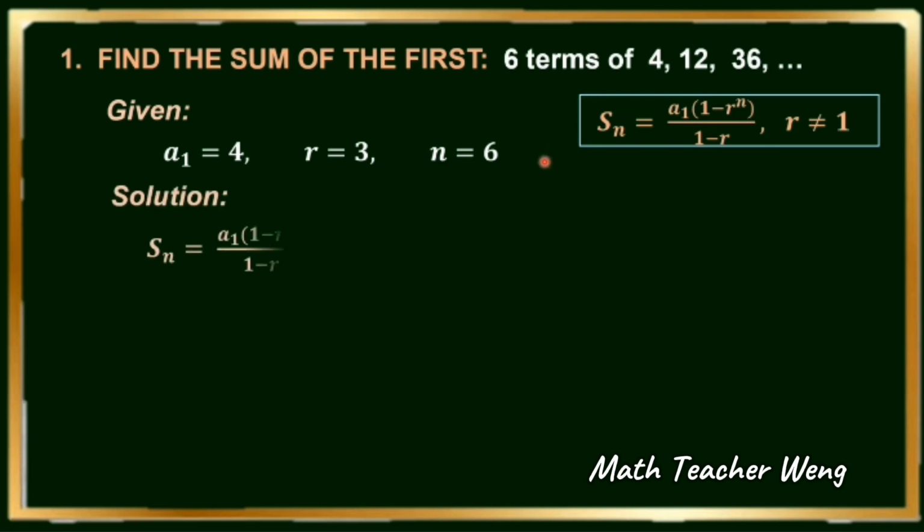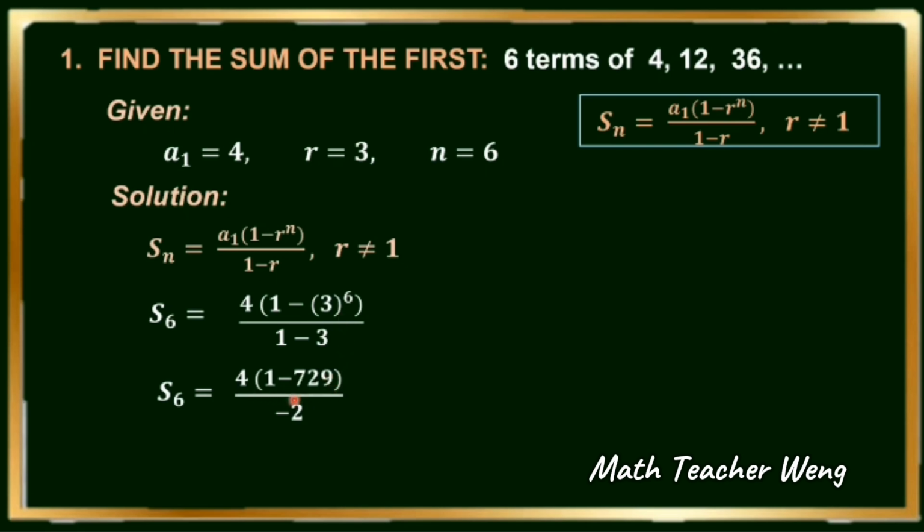So writing our formula and then substituting, S sub 6 is equal to A sub 1, or 4, times the quantity 1 minus 3 raised to the 6th, all over 1 minus r, or 1 minus 3. We are going to simplify this. We will start with the numbers inside the parentheses. That will be 4 times the quantity 1 minus 729, since 3 to the 6th power is 729, all over 1 minus 3, which is negative 2.